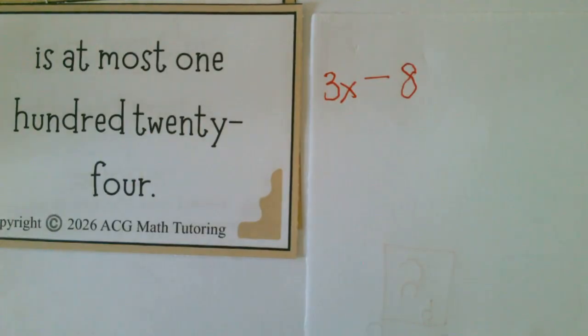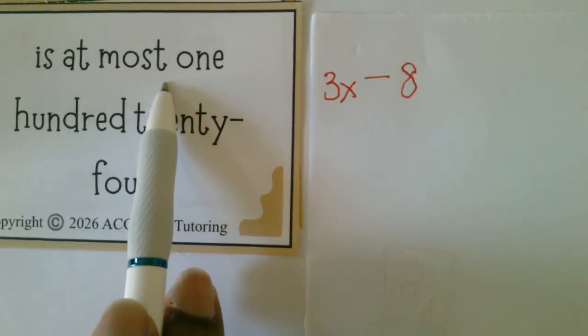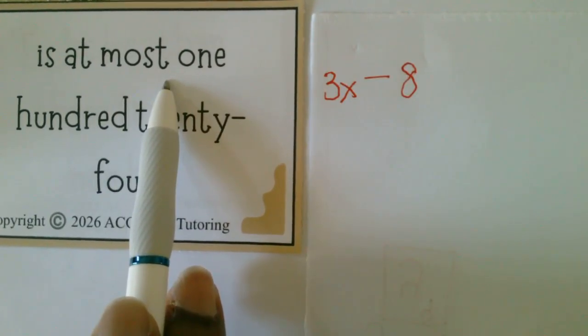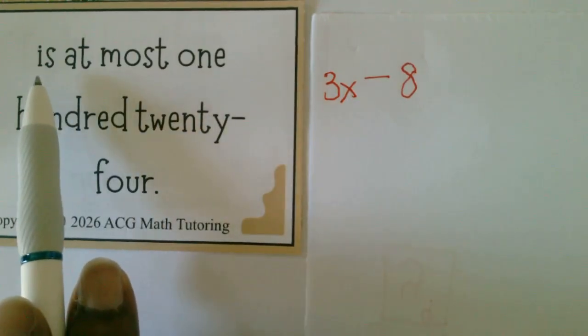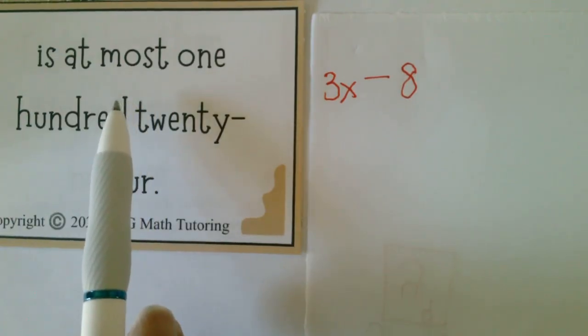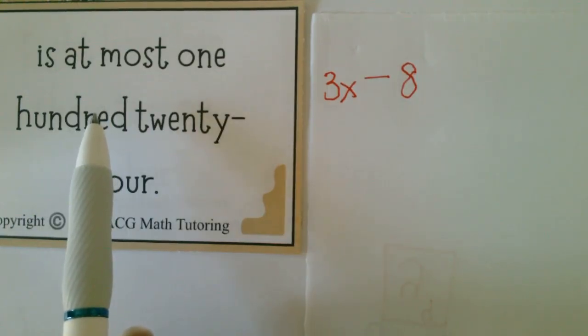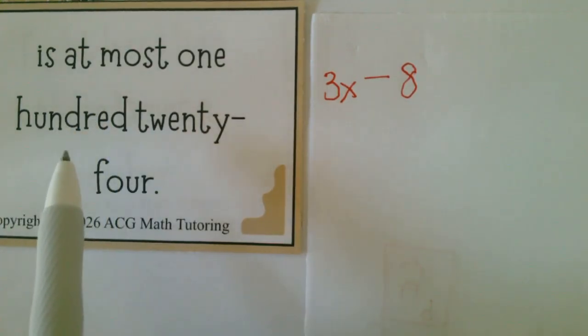So, is, because they have the word is in front, and it says at most, we're dealing with the inequality, okay? Because is generally means equal, at most. So that means that's the highest you can go. But that means other things is going to be less than.